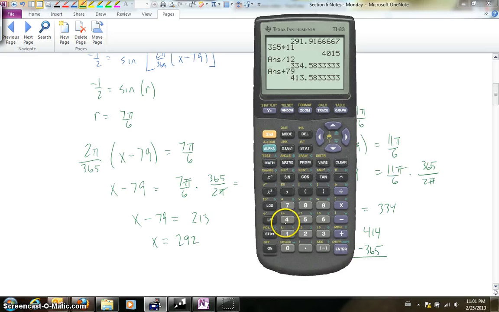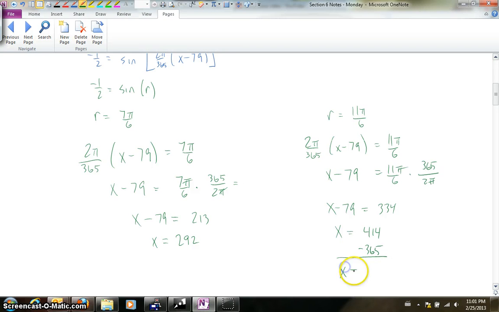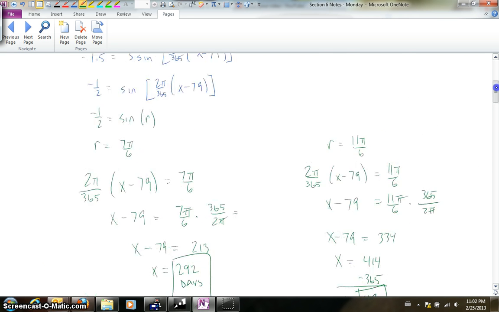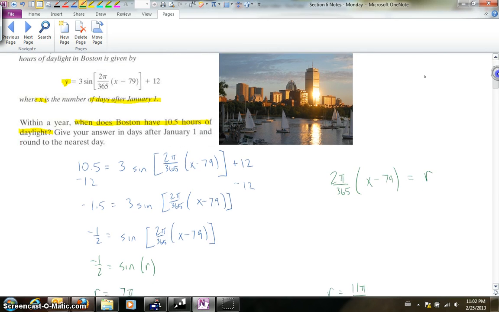And so I'm going to do 414 minus 365, and I get day 49. So x equals day 49. So 49 days after January 1st, and 292 days after January 1st would be the two times when Boston has 10.5 hours of daylight.